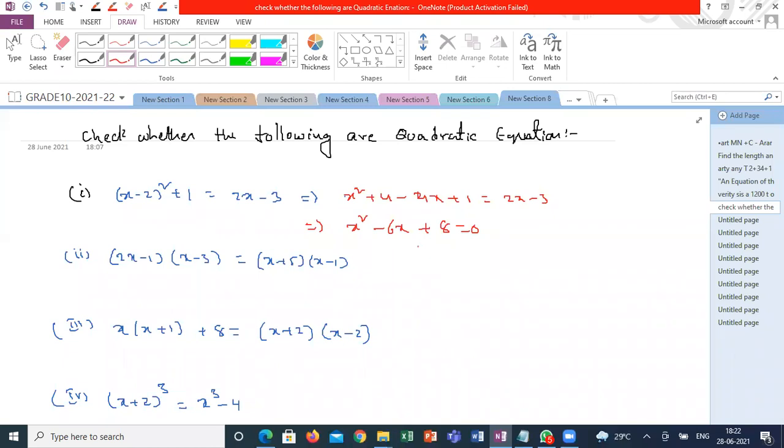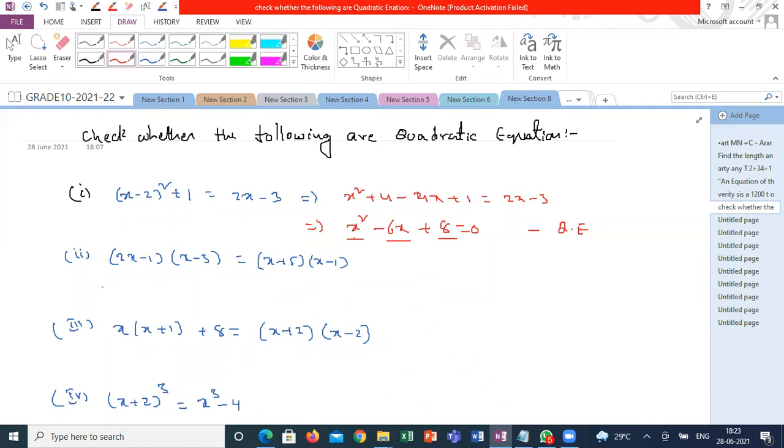Yes, sir. So this is a quadratic equation because it is in the form ax square plus bx plus c, where a is 1, b is minus 6, c is 8. So the first expression represents a quadratic equation.